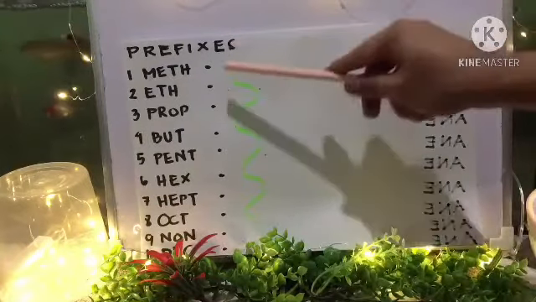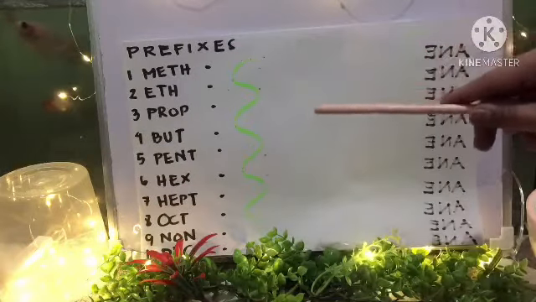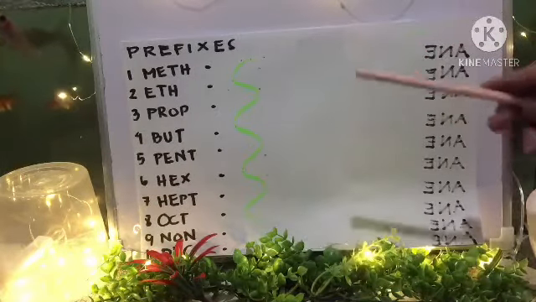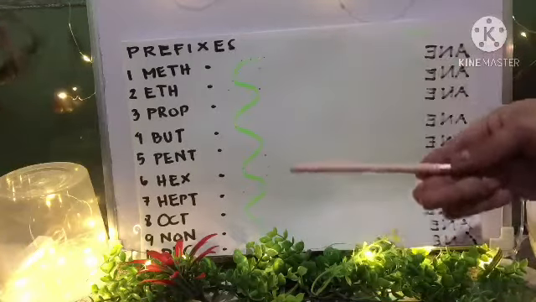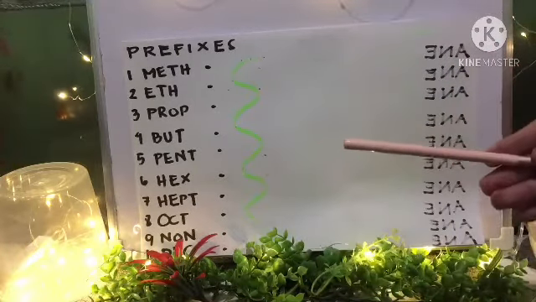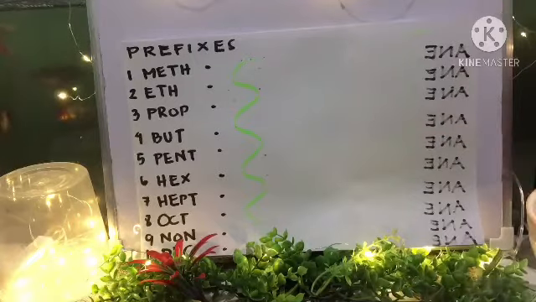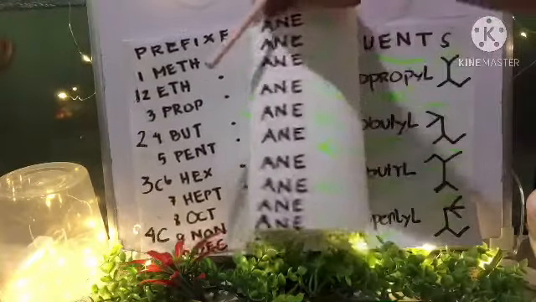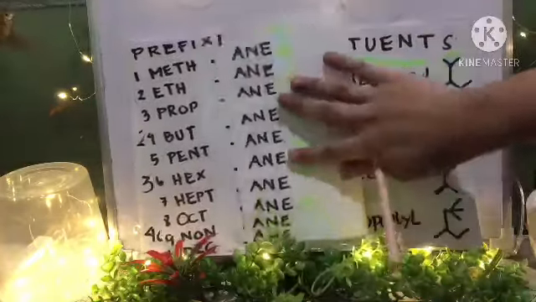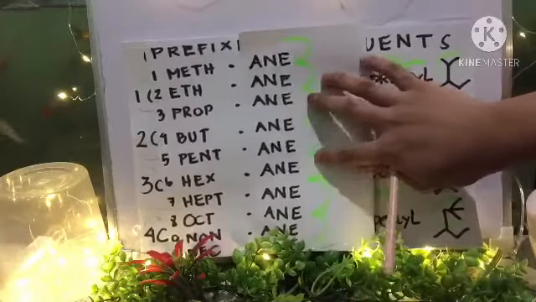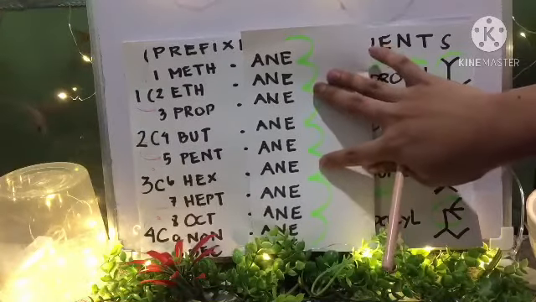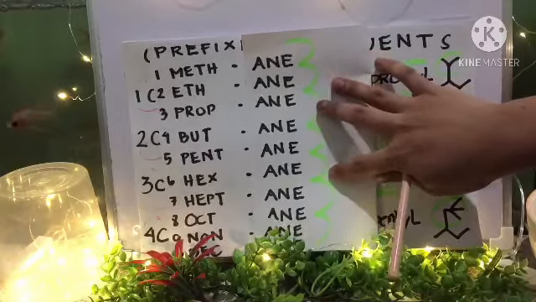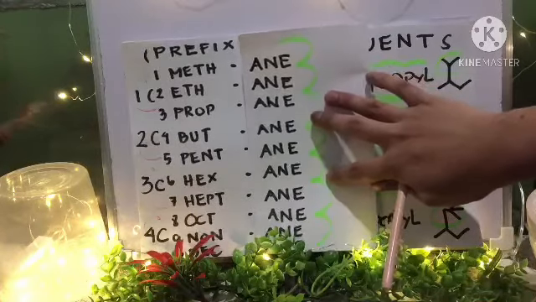This first table shows the prefixes for the different names of carbon chains you may see. Since we are naming alkanes, every structure name will end in -ane. So we have methane, ethane, propane, butane, pentane, hexane, heptane, octane, nonane, and decane for 10.